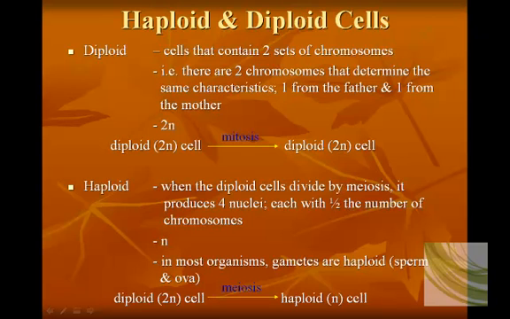In humans, the gametes are the sperm and the ovum, both for humans and plants. So the diploid cells of the parent will go through meiosis to form a haploid cell. This basically differentiates the diploid and the haploid condition.